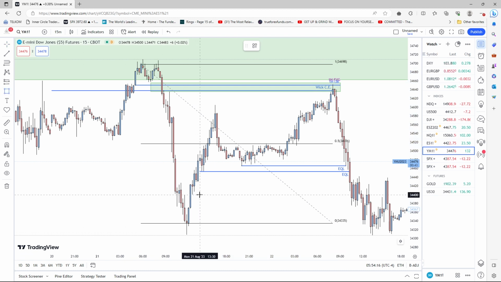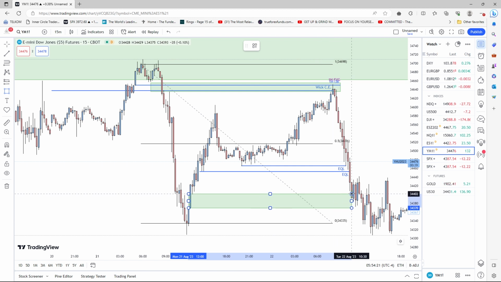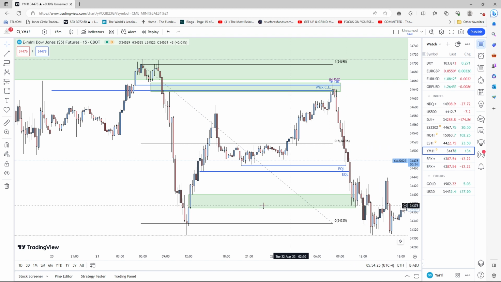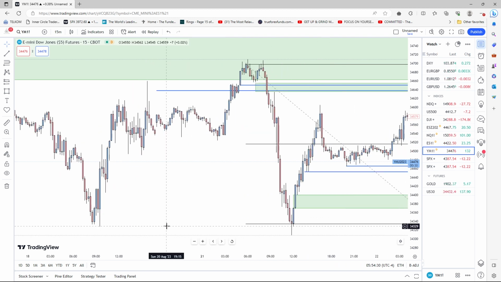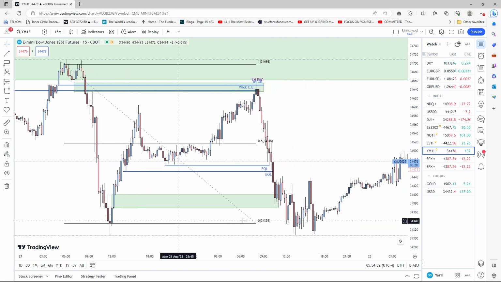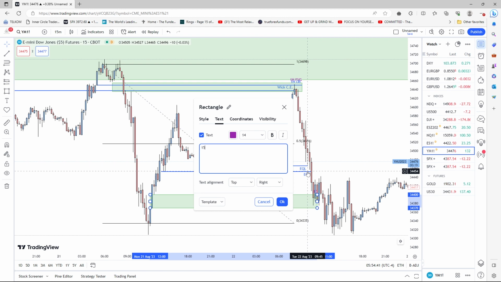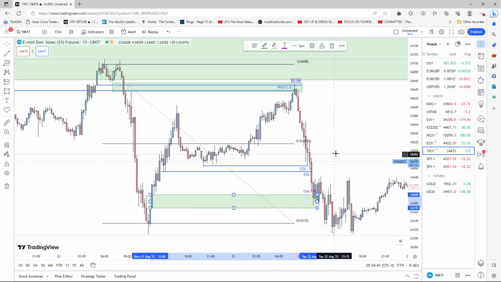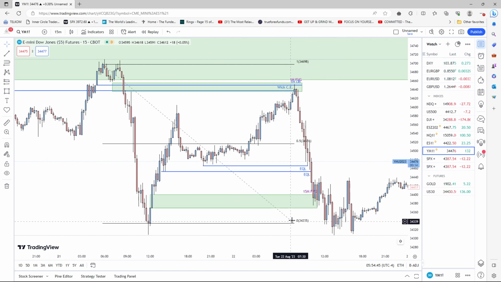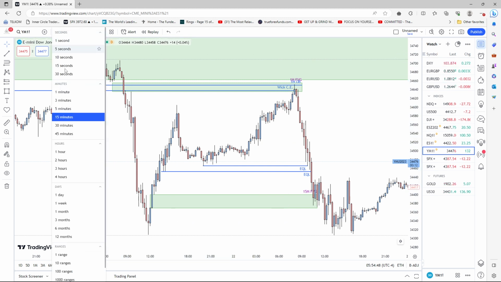I would not be looking for anything lower than this fair value gap as a target, unless it wants to clear this low, which it probably could, but that's just my approach, or how I would look at it. That would be a 15-minute. Let's just note that, because I will forget about that. Fair value gap. You can get rid of this fib.